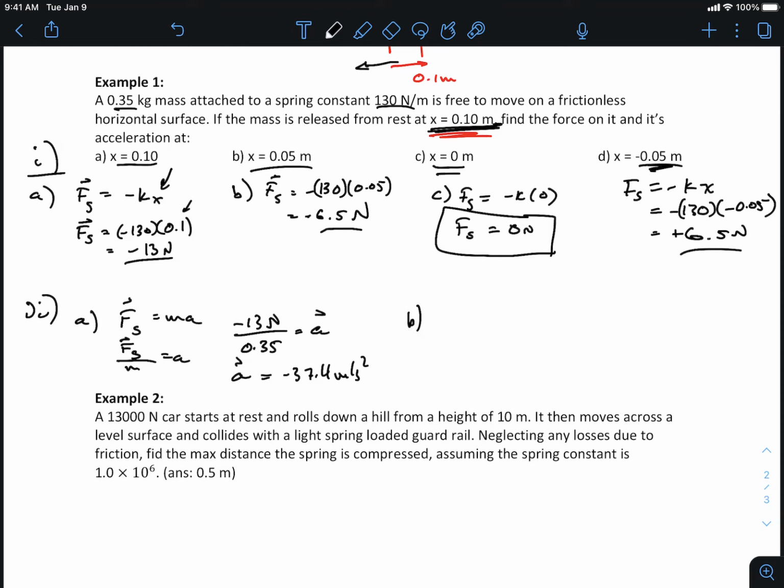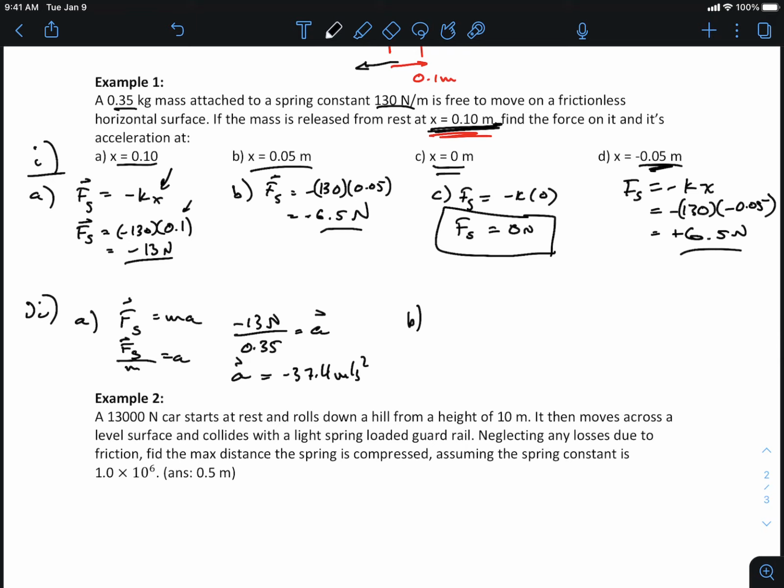So there you go. Okay, and you just keep going along here and you'll see what happens with the accelerations.